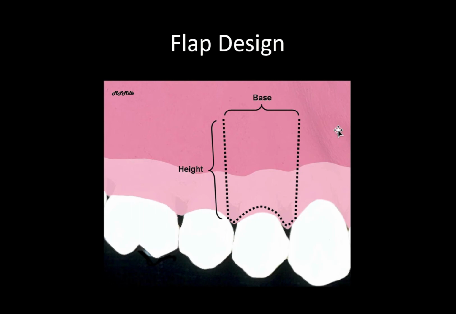If we exceed a flap height to flap base ratio of 2:1, we will have compromised this overall blood supply to the flap. So again, the important takeaway point here is that your base to your height ratio should never exceed one in which the height is 2 times greater than the base.